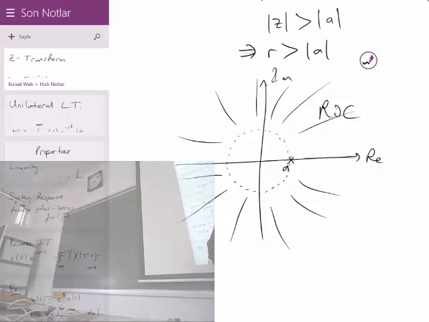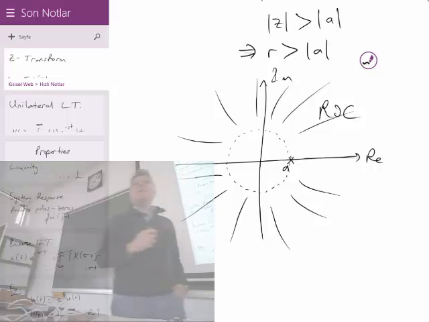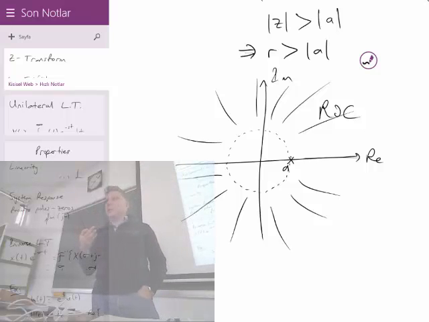In fact, a could even be complex. It could be here, here, or here. Still the radius will be the same. And the circle will be drawn over there, and your region of convergence for this example will be to the outside of that circle.